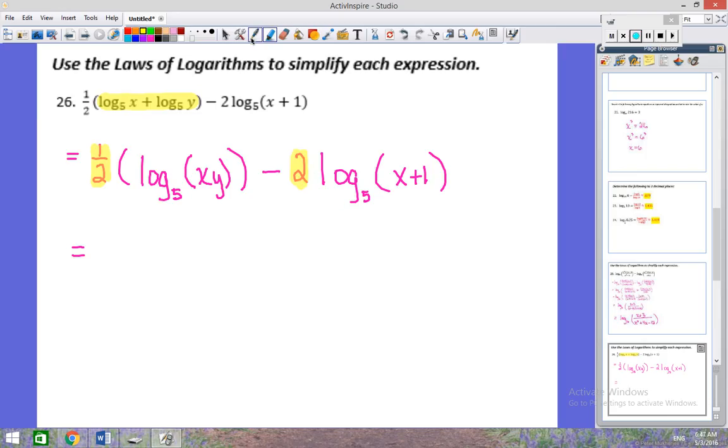So we have by the power rule that we can move this 1/2 from multiplying this log up to an exponent. So we've got x times y raised to the 1/2 power. And the same thing with this 2, we can move it up as an exponent and have this quantity x plus 1 squared.